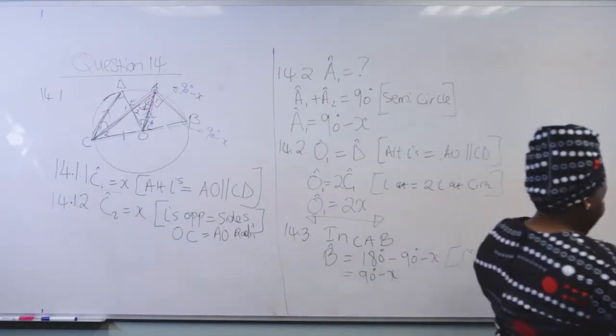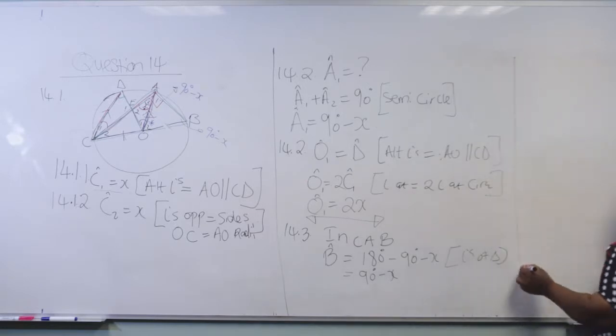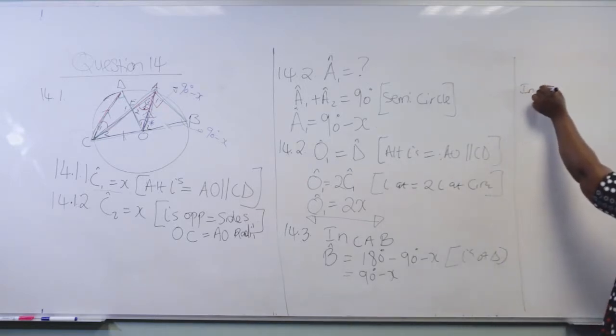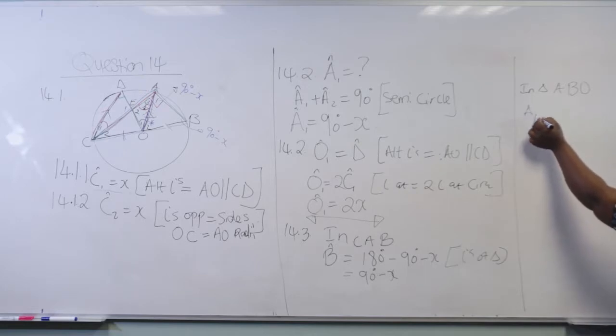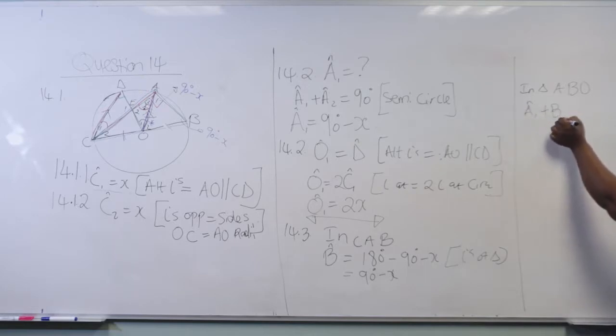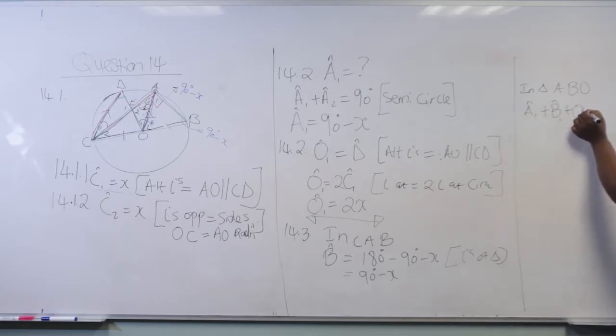Now using that triangle ABO, angle A1 plus angle B plus angle O2 is 180 degrees. That is the angles of a triangle. Okay, the sum of the angles in a triangle, right?